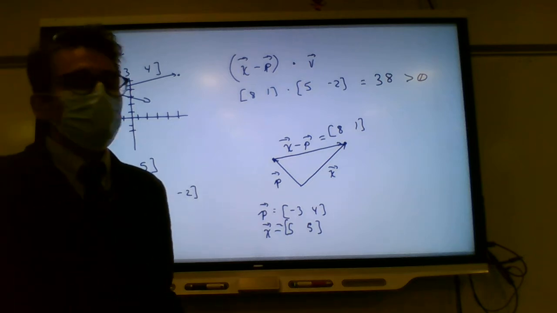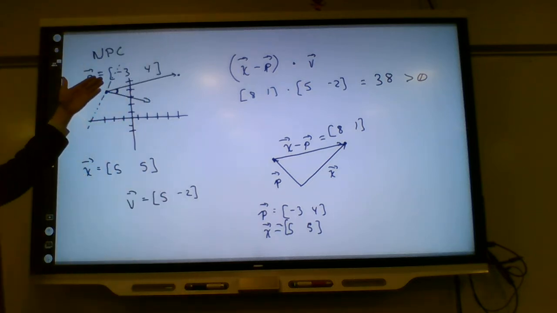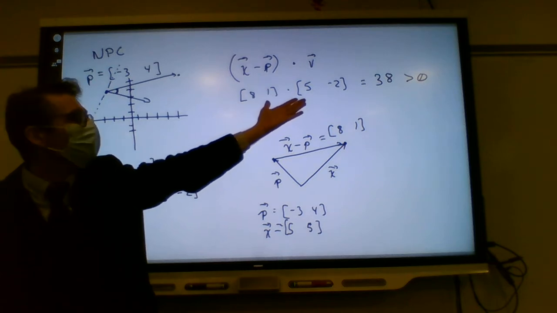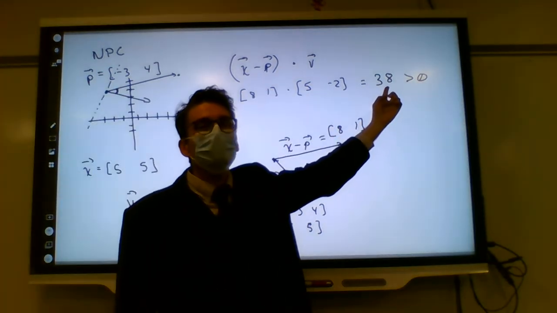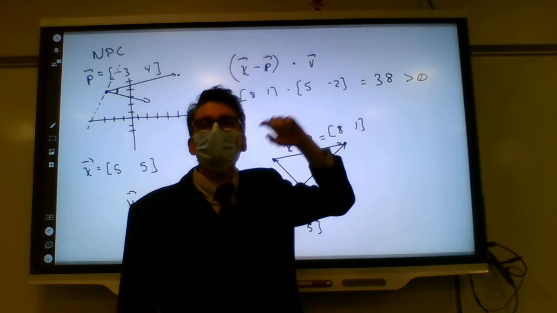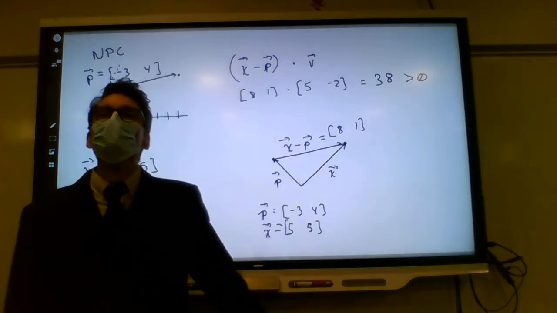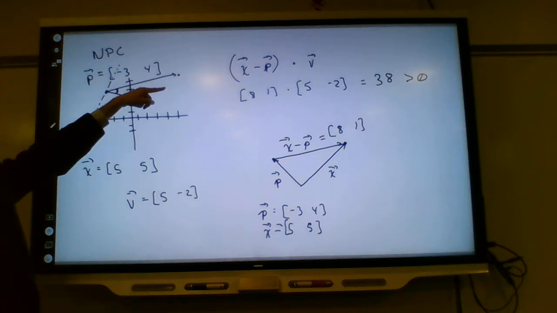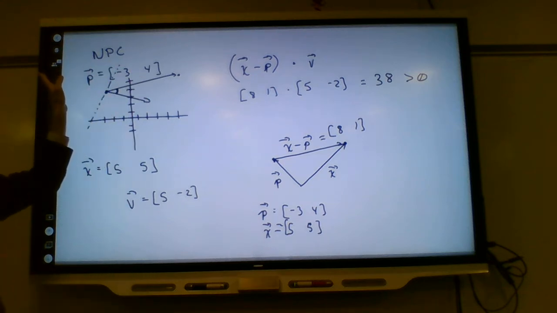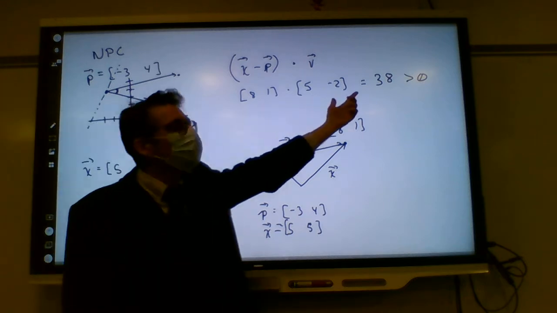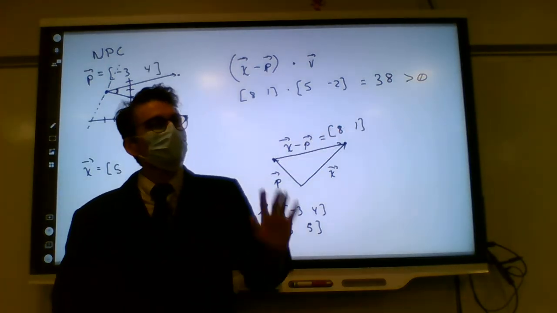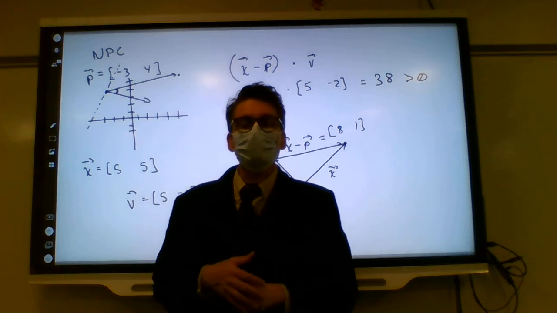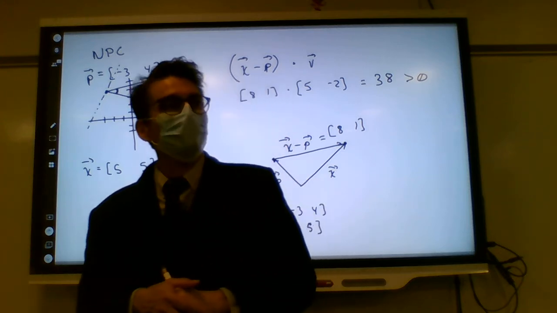Now, if that number had been negative, what would that have meant? The vectors are facing opposite directions, which would mean that the point is behind the character. And if this dot product had been 0, it would either be to the left or to the right, and then we would have to look further into the situation to see which one actually applies.